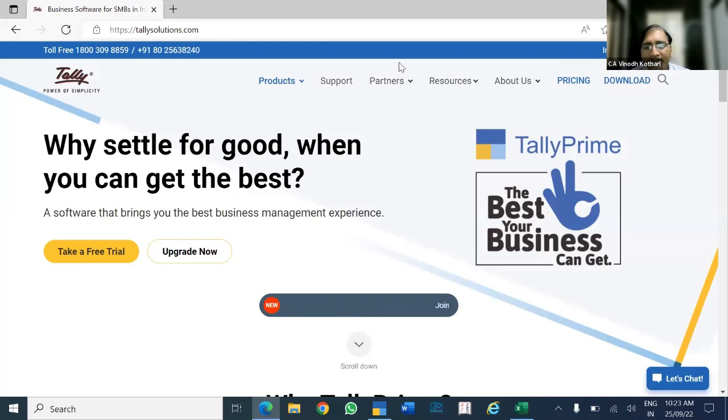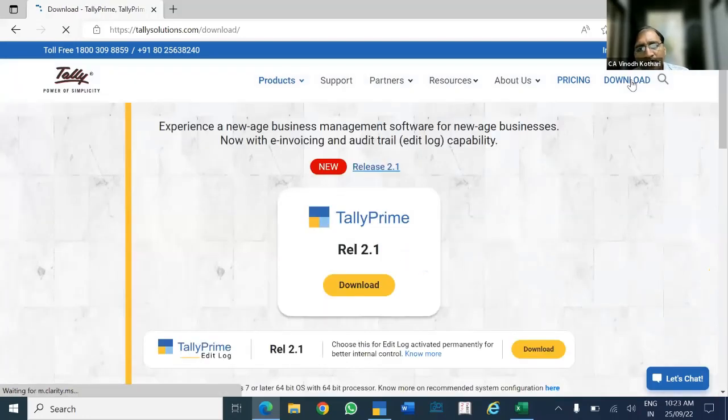Now, on the right hand side at the top, below the login, you will find download. Everyone can download this. Select the download. Is everyone on the same page?